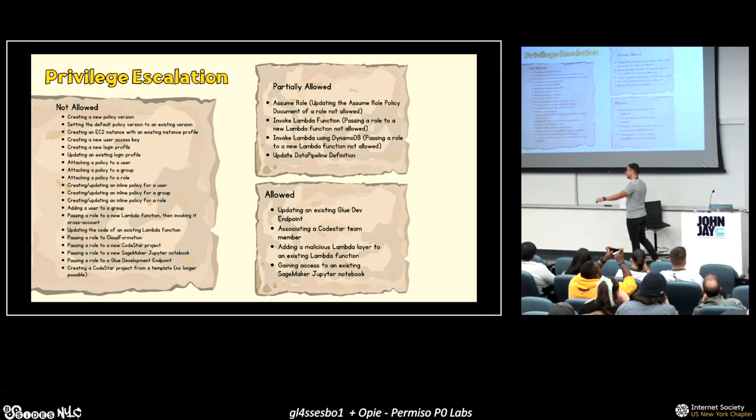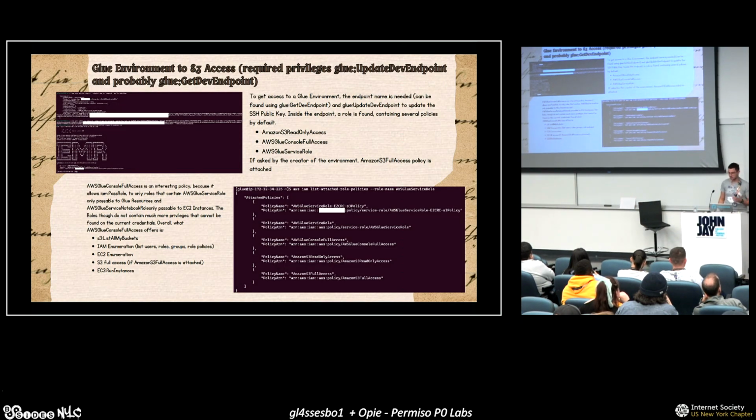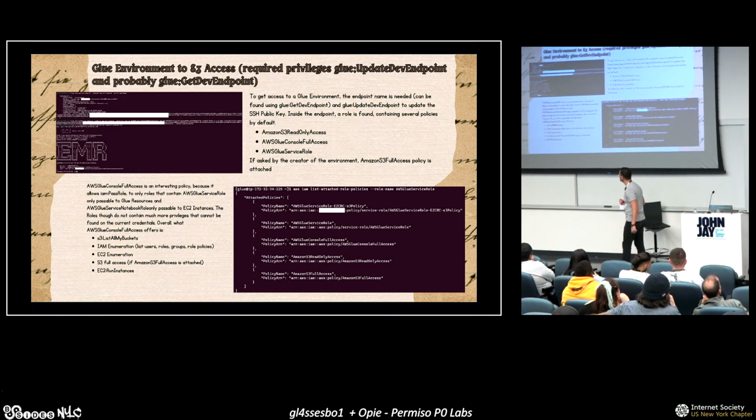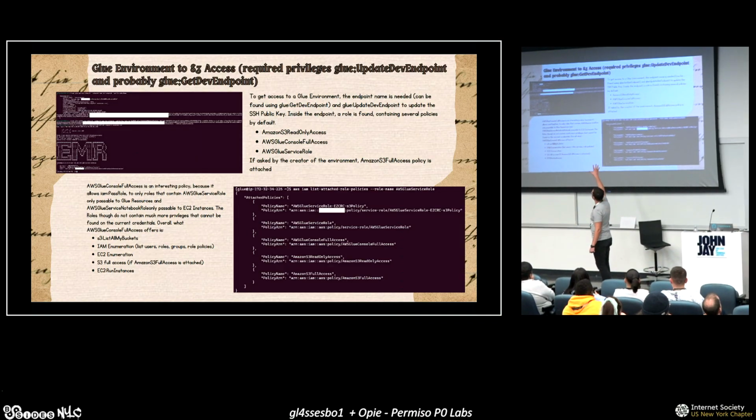But if we take that out of the equation, so if we just abuse the privileges that a certain service role currently has, we are allowed to get access and potentially escalate our privileges by the privileges that the service has on its role. The first one we saw was the one I liked the most, because a Glue environment will have some endpoints, and the endpoints will have an instance profile, a role, basically attached to a server.